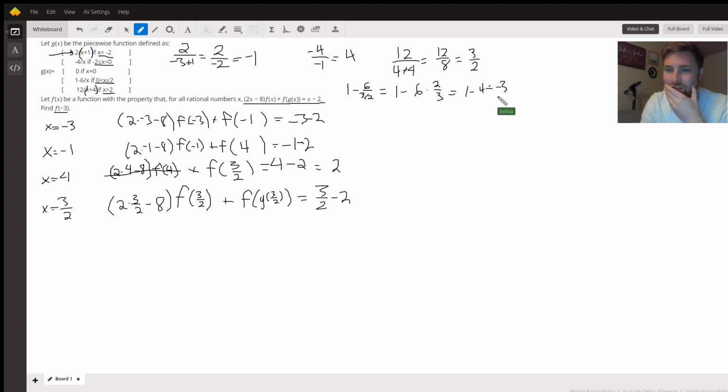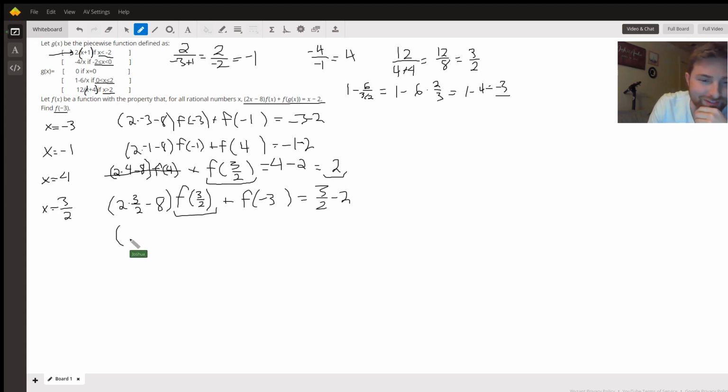Yo. So g of 3 halves, we figured out that's going to be negative 3. Notice that f of negative 3 shows up. That's exactly what we want. And we already figured out f of 3 halves is 2, so I'm just going to plug it in right there.